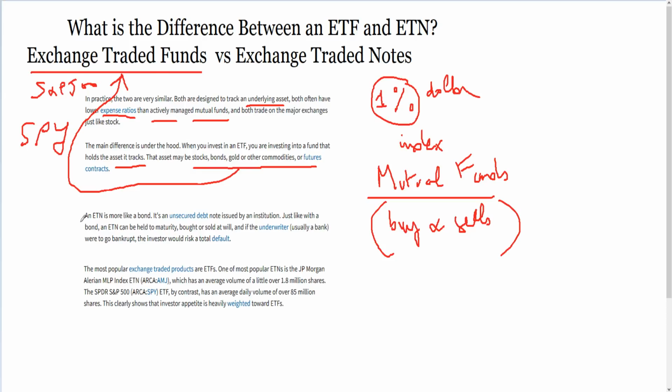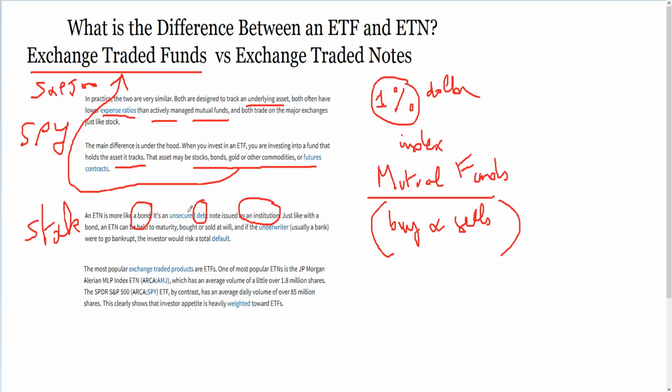Now, what is an ETN? It is more like a bond. It has a relation to debt: unsecured debt issued by an institution like a bank, for example. It has big similarities with a bond. An ETN can be held to maturity, or bought or sold at will. It means you can buy and sell this ETN, like a stock, like an ETF.